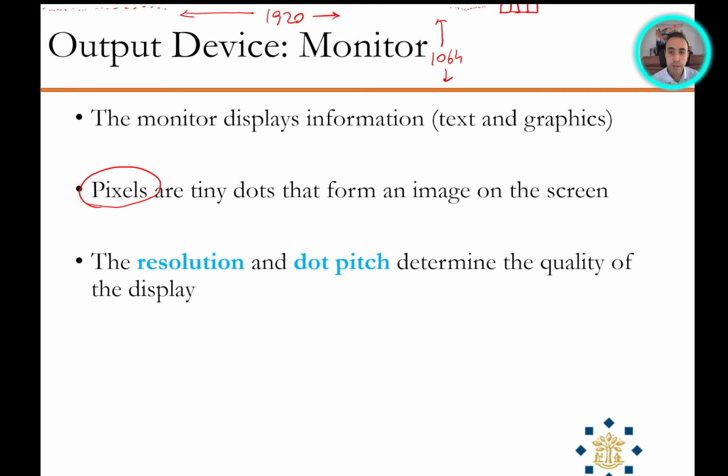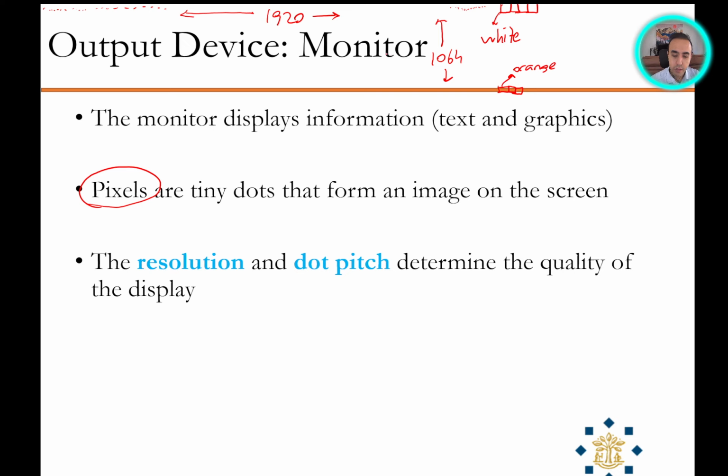And every dot stores an image for you. Okay, so for instance, these dots, these pixels, they store white. But these pixels, for instance, store orange.